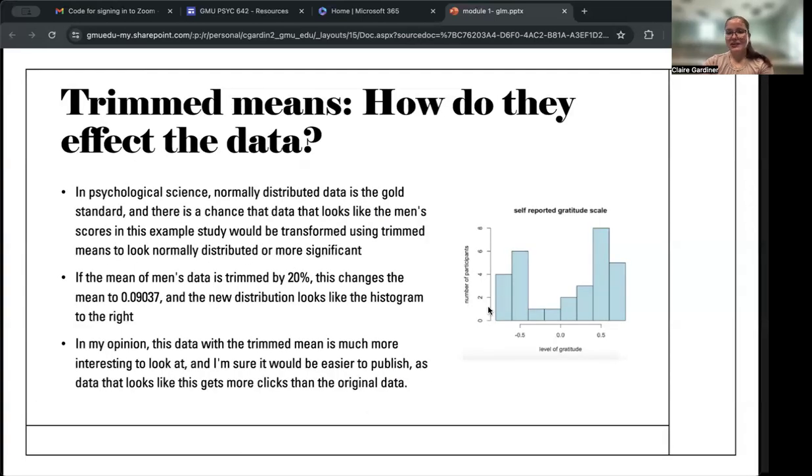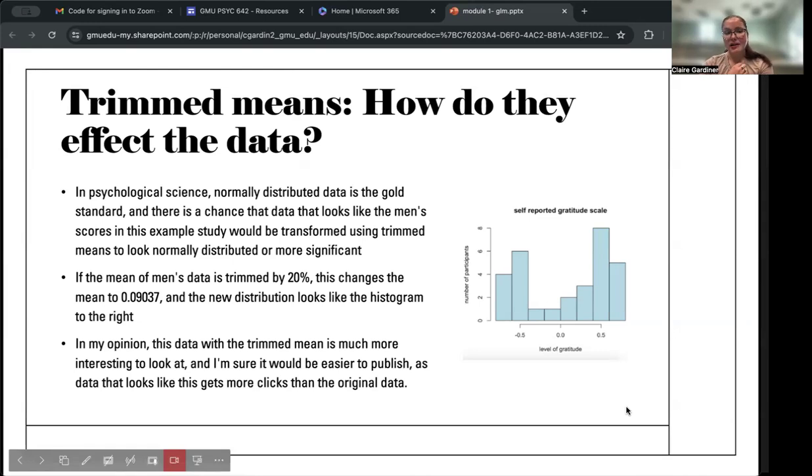But if I looked at this graph, I'm like, wow, they really spike at either really positive or really negative views of gratitude. So that would just be something to get more clicks and more views on an article, and it would probably get published more. So trimmed means is a way to transform the data to look more interesting.